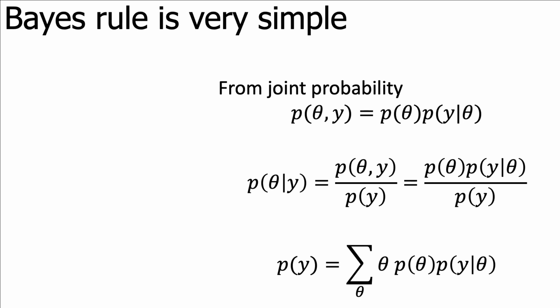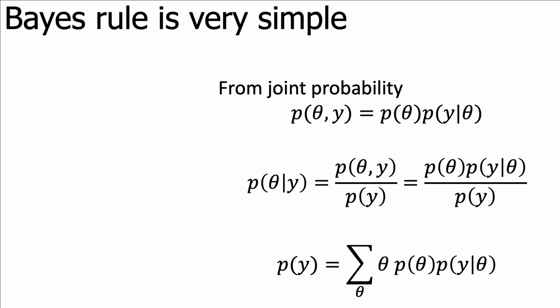If theta is a discrete event, it's very simple. However, if not, then computation of this thing might be very difficult. And today we'll cover cases when such computation is simple and we can do it, but usually we cannot.